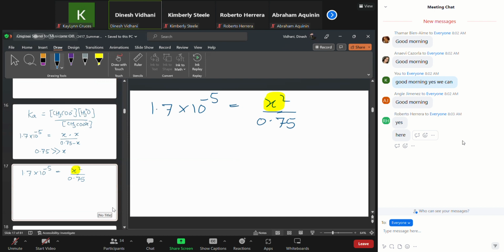Because if you simply ignore it, we don't have any variable left. Find me the value of x.